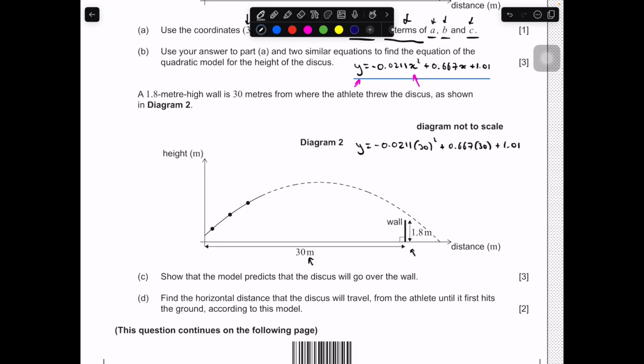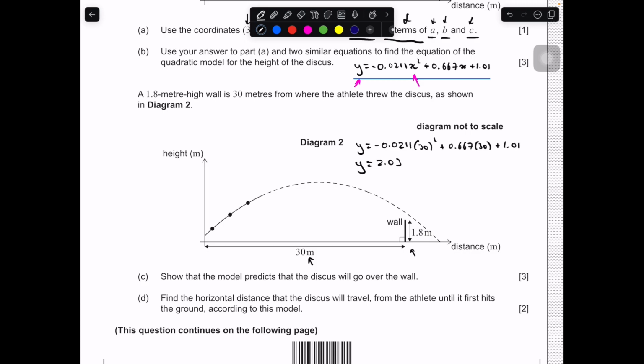Let's work this out: 30 squared times negative 0.0211 plus 0.667 times 30 plus 1.01, and I've got a height of 2.03. So the model predicts the discus will go over the wall.